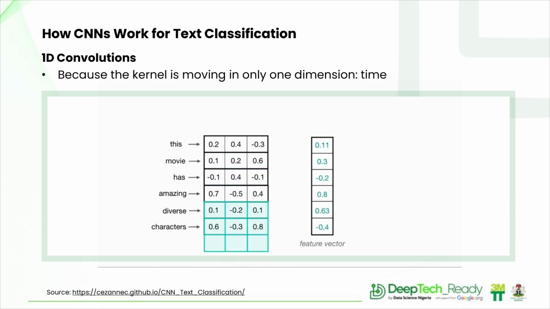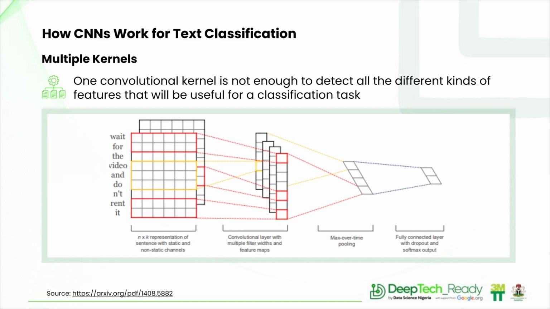Here you can see what the output of a 1D convolution might look like when you apply it to a short sequence of word embeddings. So we have this movie has amazing diverse characters, and you can see how the features are obtained for each and every convolutional operation. Just like in any typical convolutional neural network, one convolutional kernel is usually not enough to detect all the different kinds of features that will be useful for a classification task.